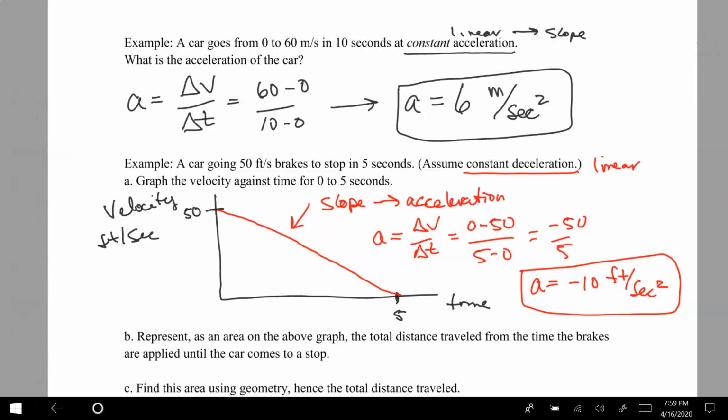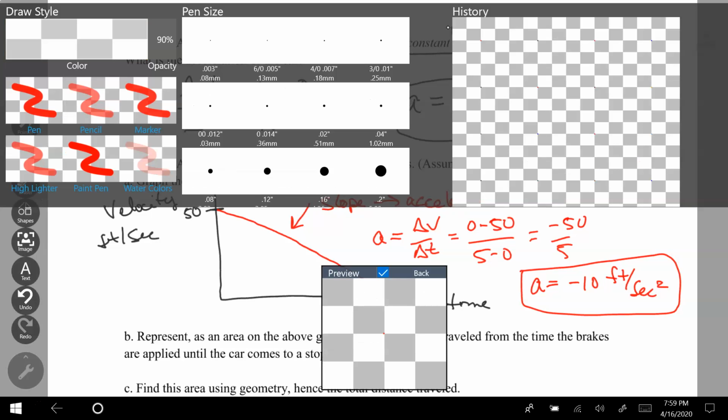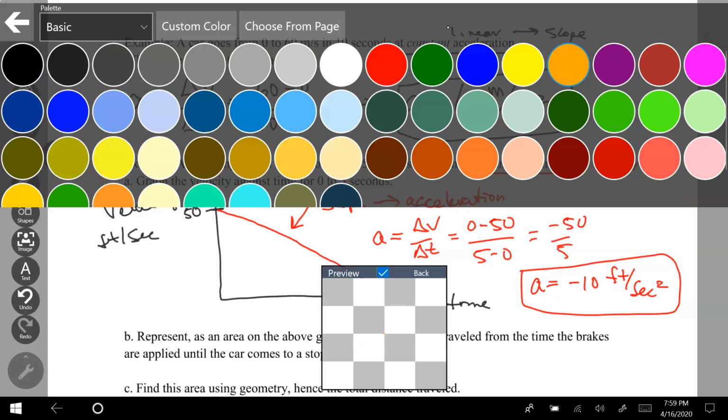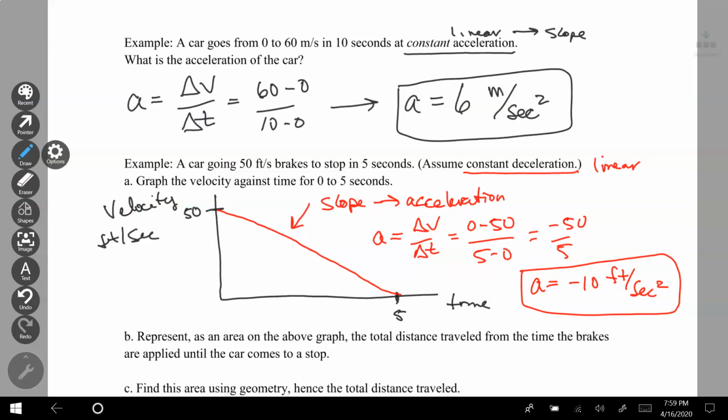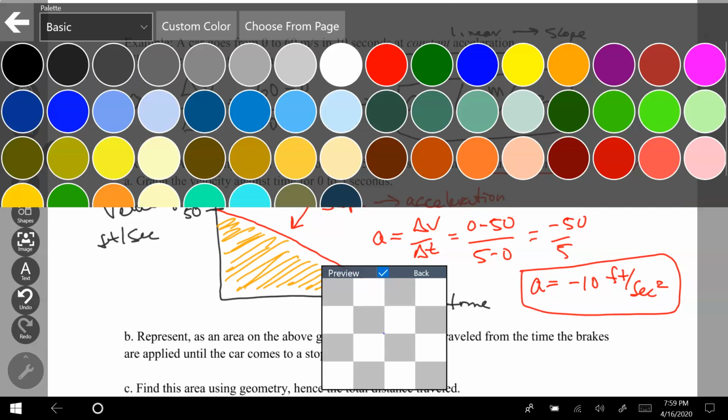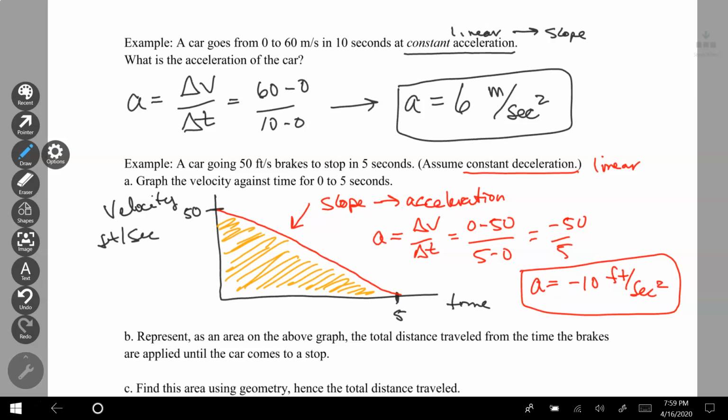Well, if you remember from your physics class freshman year, you figured out that this area here represented the total distance.